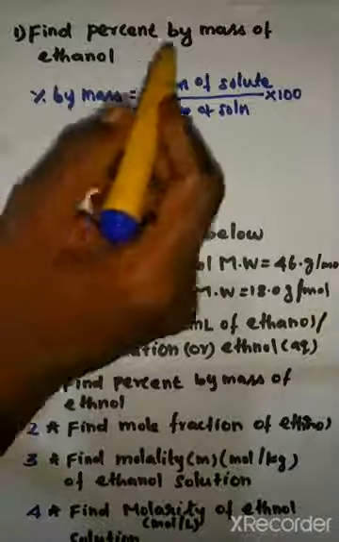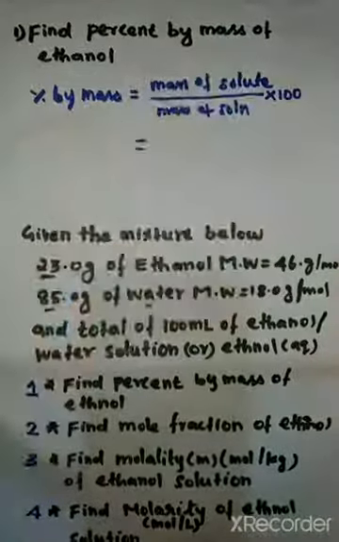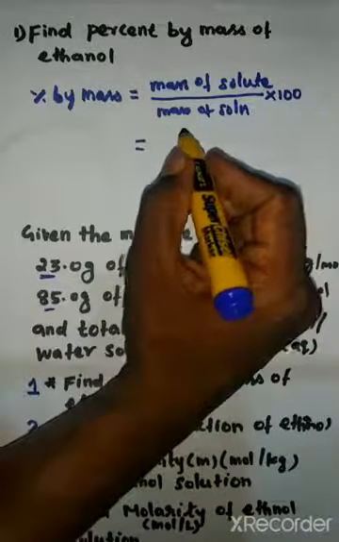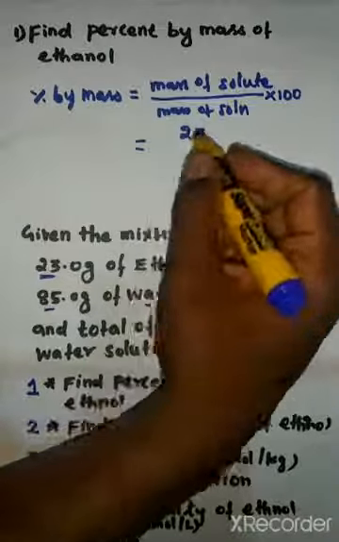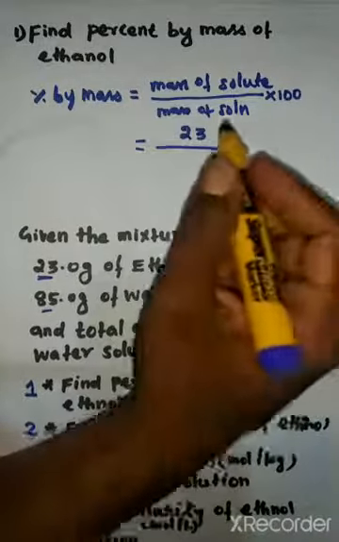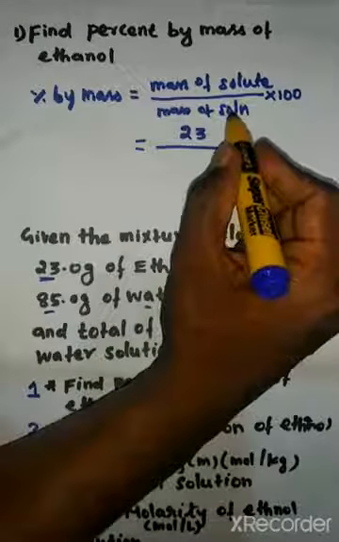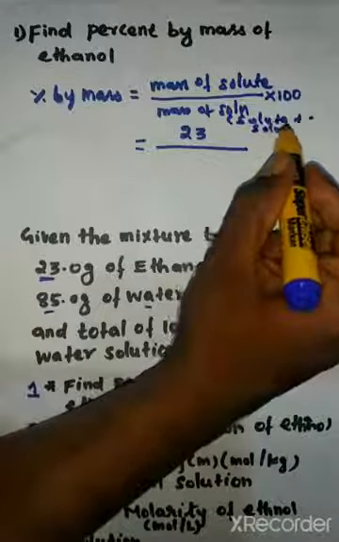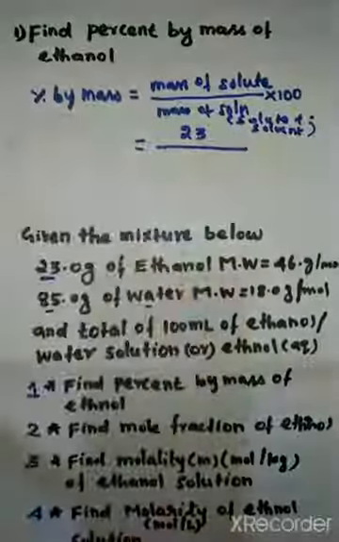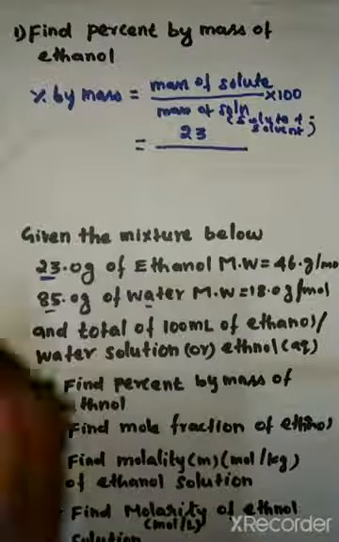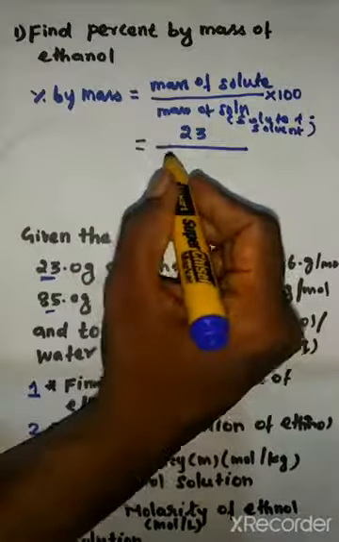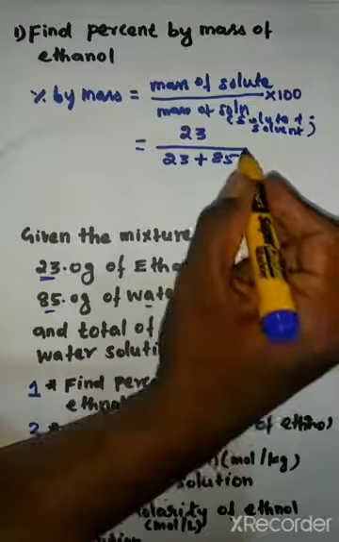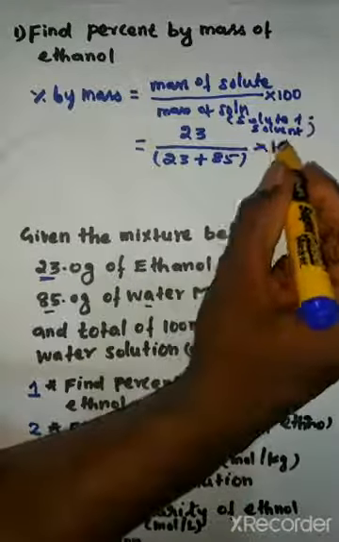Here we need to find the percent by mass of ethanol, so for the mass of the solute we need to give 23 divided by. So what is mass of the solution? Mass of the solution means mass of the solute plus solvent. So here the mass of the solute is 23 gram and mass of the solvent is 85 gram, into 100.